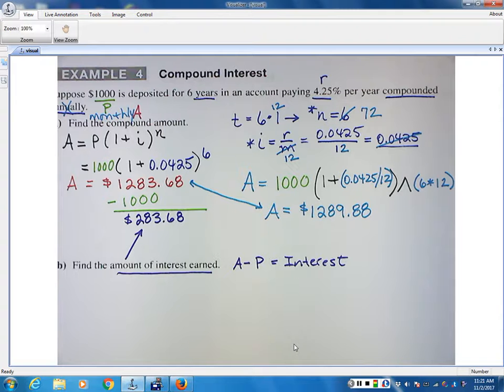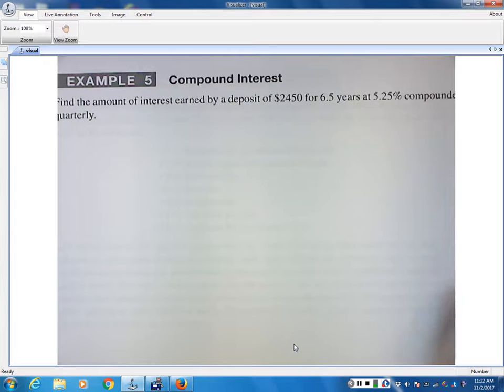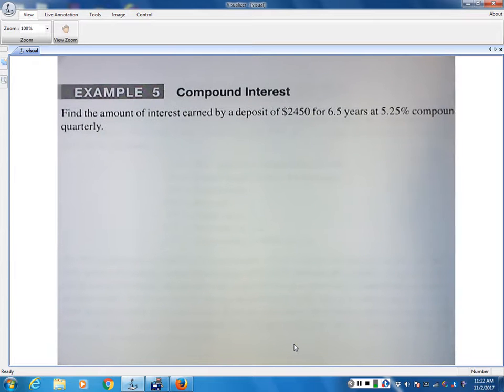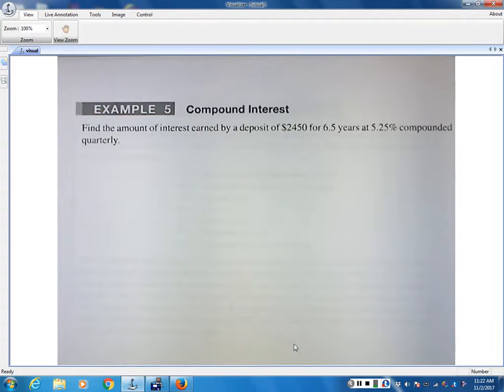Okay, let's do another example. Get all your notes, Cole? Yeah. This one says, find the amount of interest earned by a deposit of $2,450 for 6.5 years at 5.25% compounded quarterly.